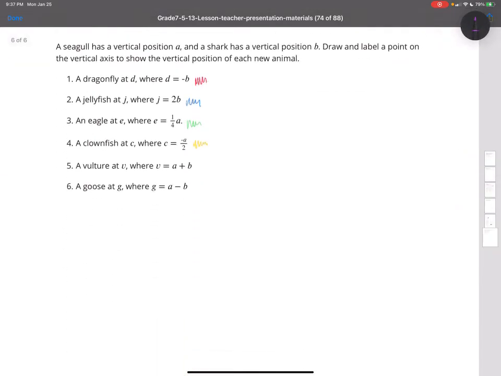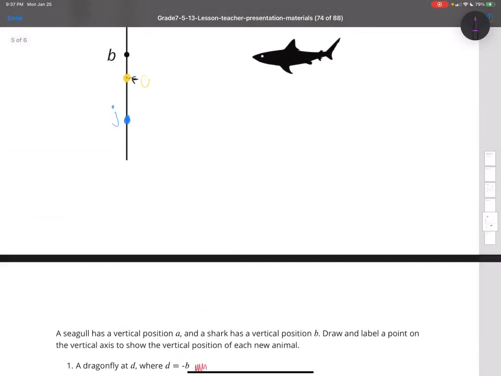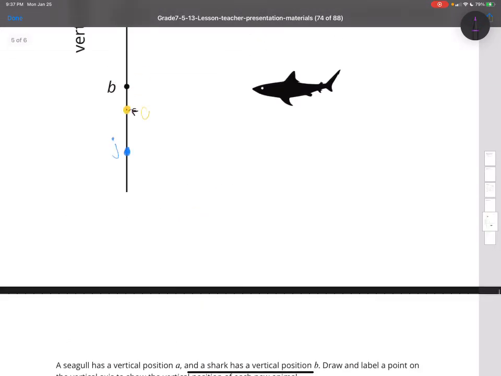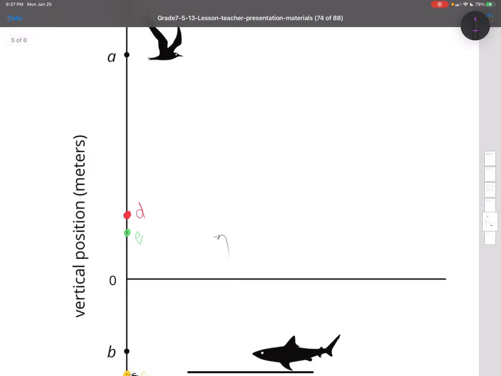The next one is V, where V is A and B added together.